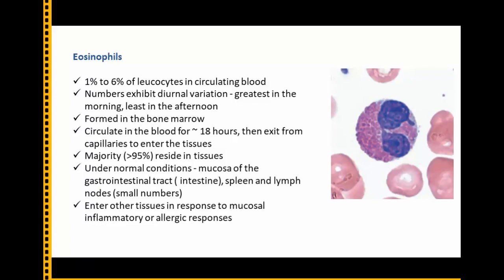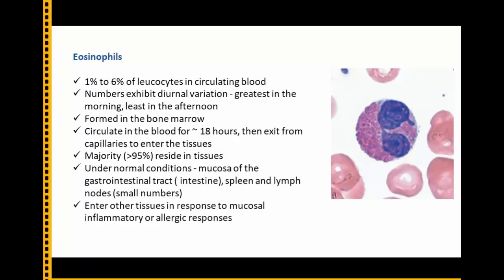They usually circulate in the blood for 18 hours, then exit from capillaries to enter the tissues. They can be found in normal tissues, but the other two we can't find in normal tissues. In normal conditions, we can find eosinophils in the gastrointestinal mucosa, spleen and lymph nodes.